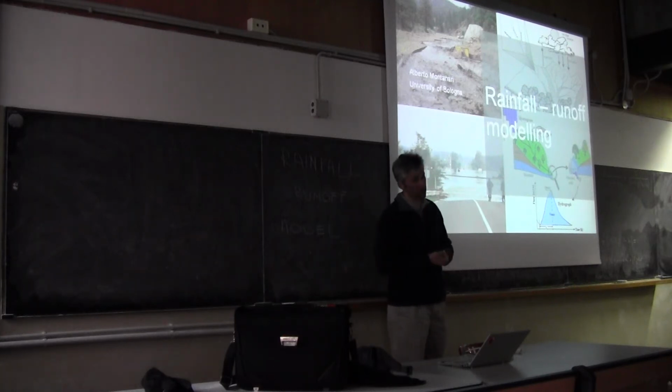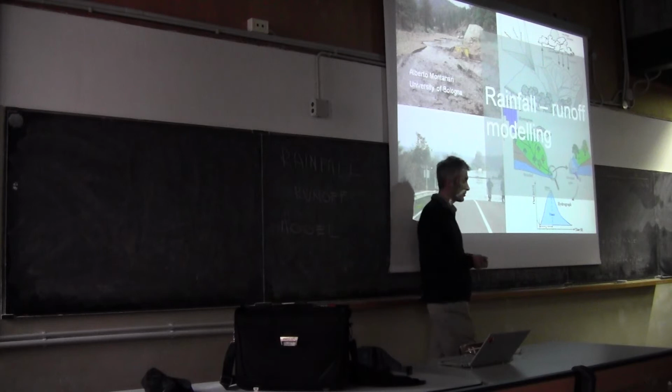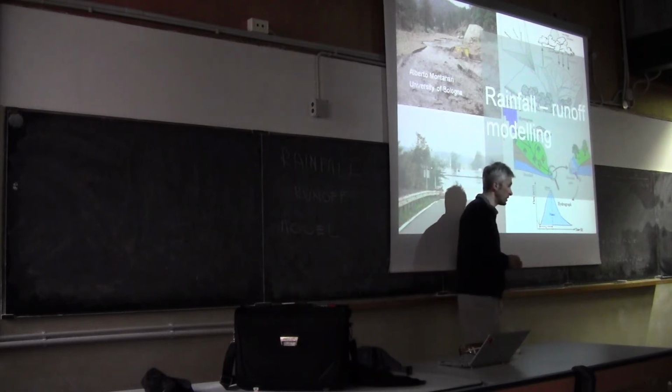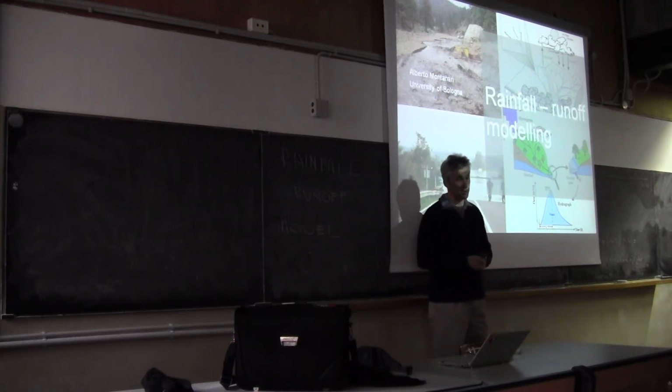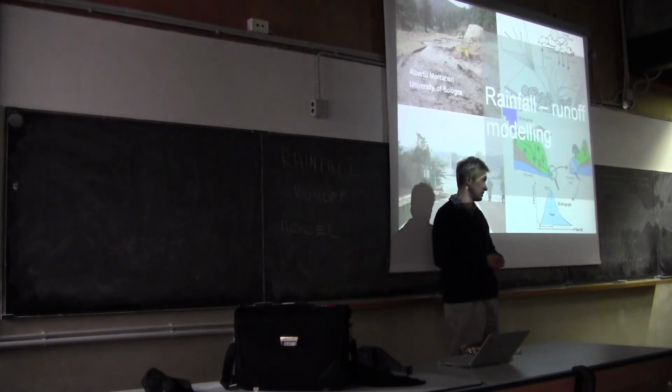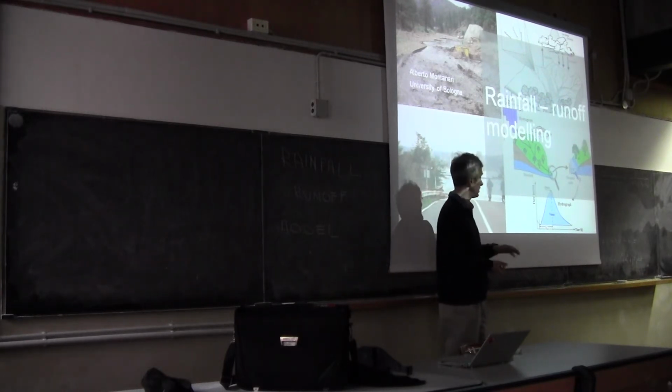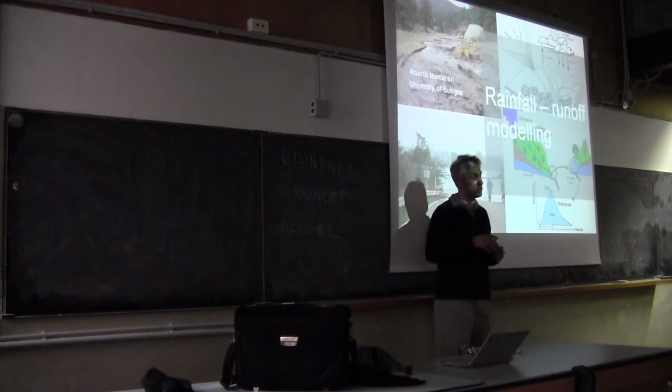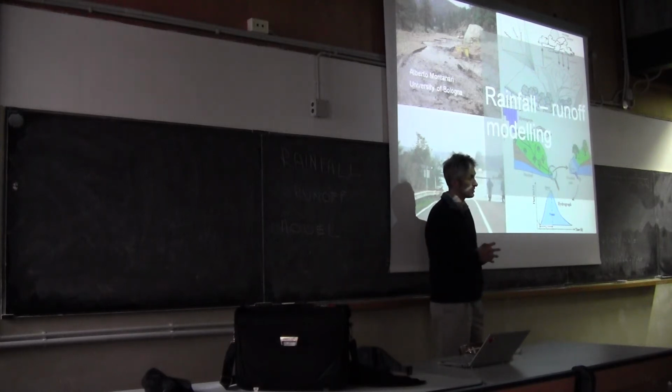And we need information on the catchment. We need information on the soil properties, the vegetation cover, and also information on human impact, anthropization, urbanization. Because as I said, in this rainfall runoff transformation, humans are playing a very important role.